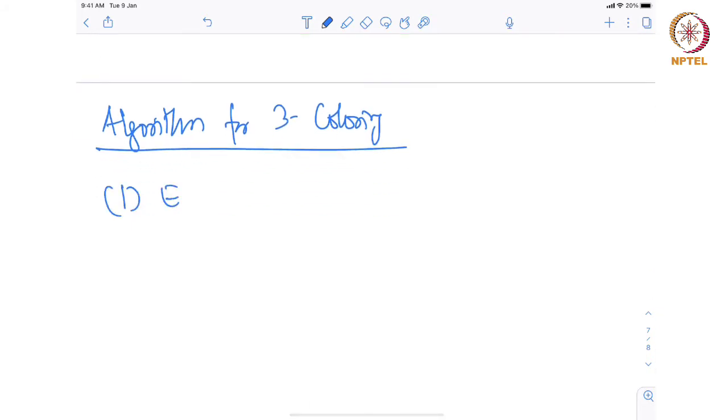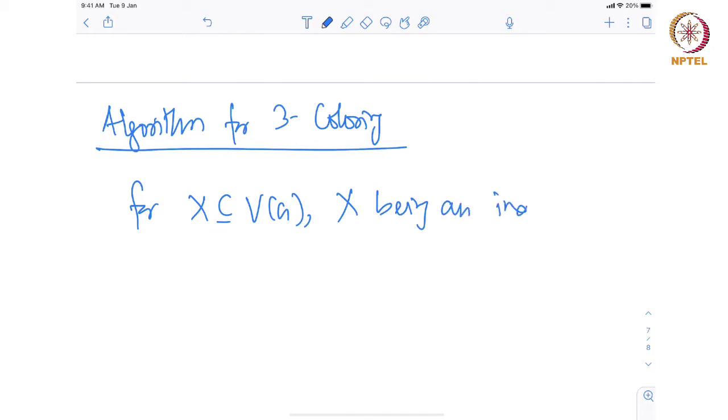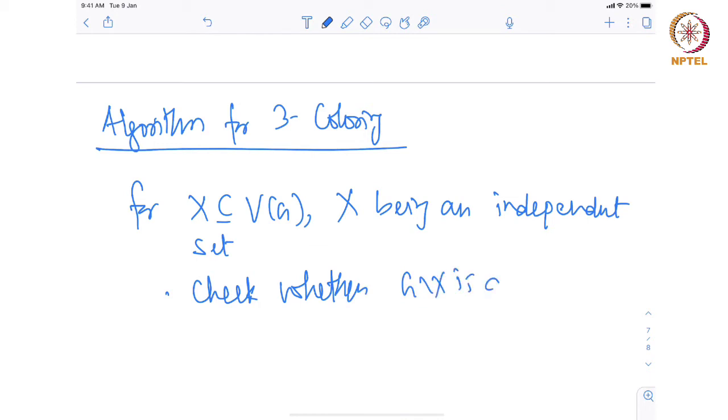So, what is an algorithm for 3 coloring? First, enumerate all independent sets. For all x subset of V(G), x being an independent set, check whether G minus x is a bipartite graph.